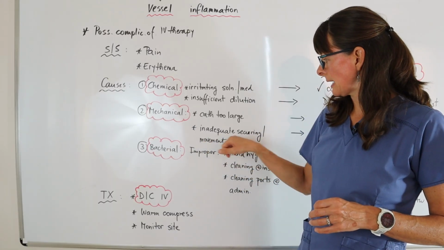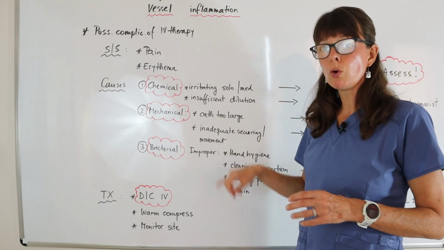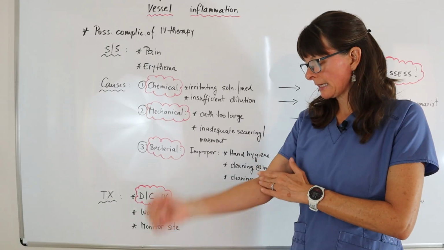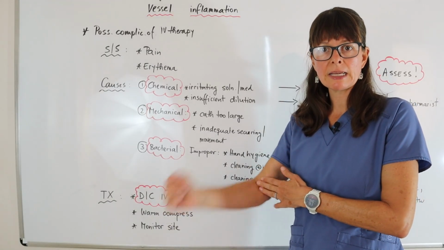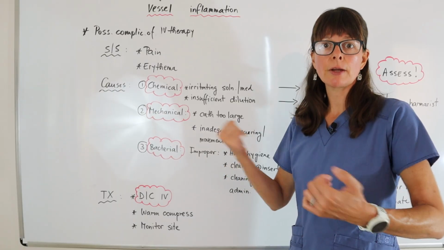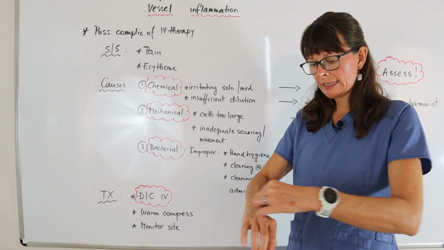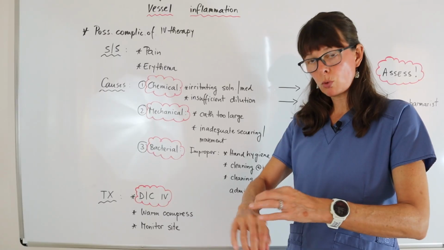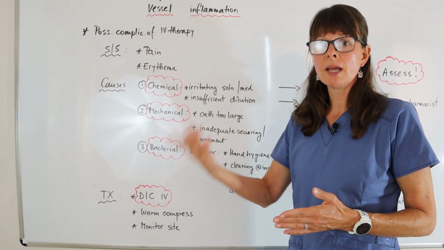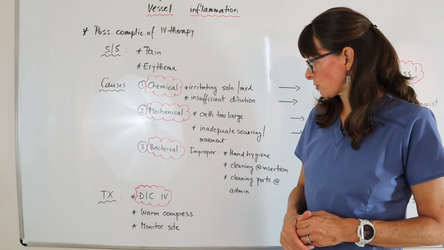There can also be inadequate securing or movement of that IV line. So if this is in a spot like the AC where there's constant bending and moving around, or if the patient is agitated and there's a lot of movement of the IV and it's not properly secured, it moves around again in the inside of the vein and it will irritate the vein. The body responds with inflammation.